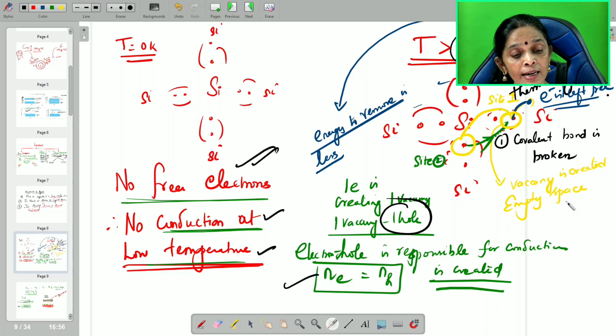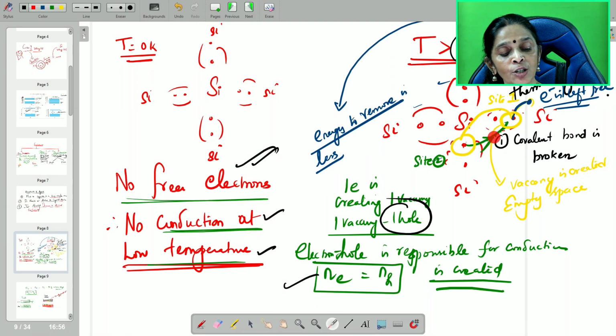Apparently it moves. Keenly observe. The hole which is created here, the covalent bond is broken. This has a pair, this has a pair, this has a pair, adjacent silicon atoms are paired with electrons, whereas this one alone does not have a pair. So what does it do? It seeks another electron, therefore pulls out an electron here.